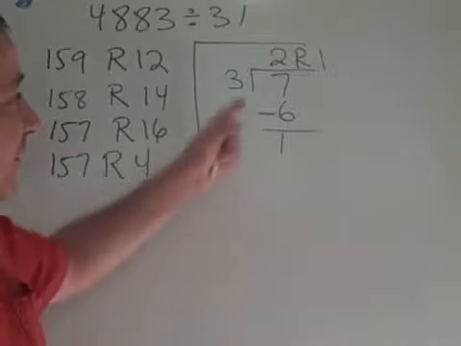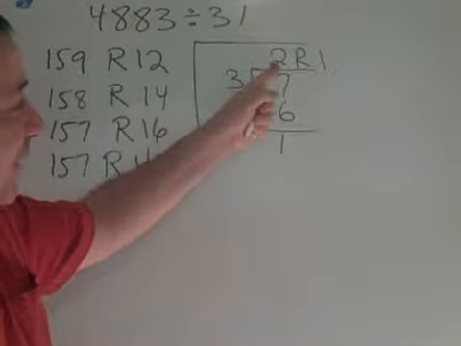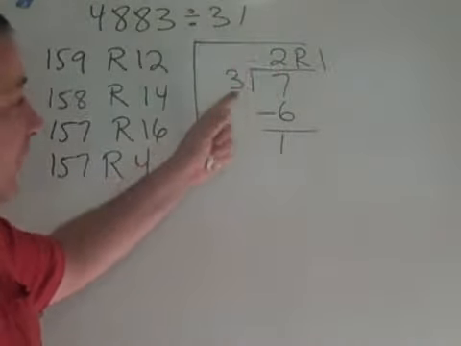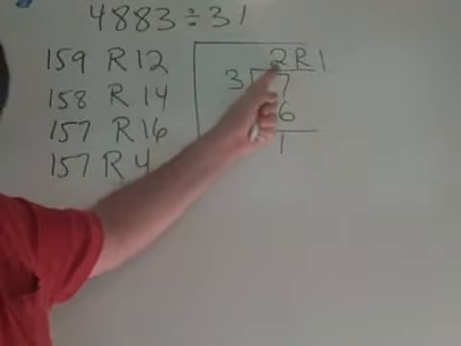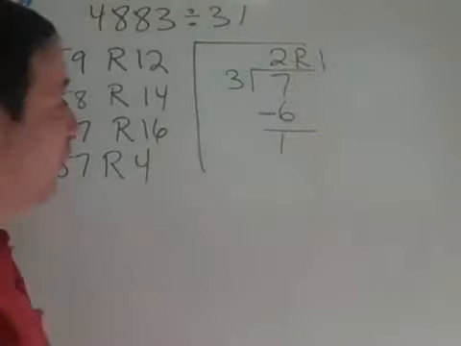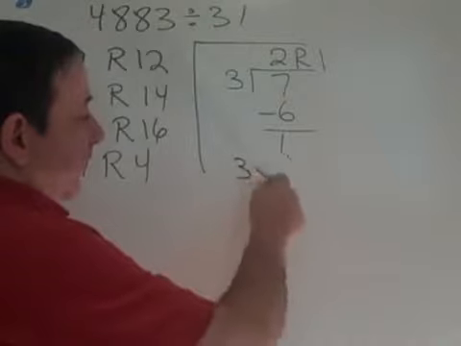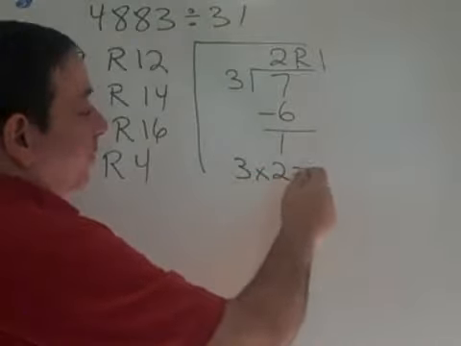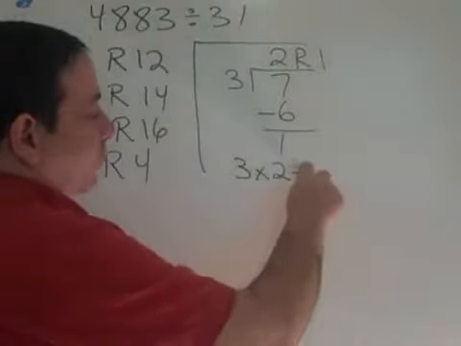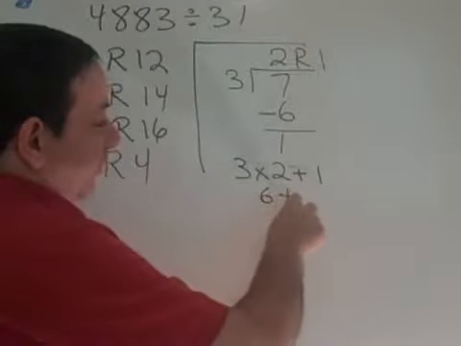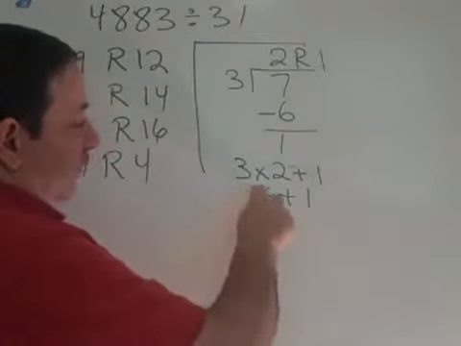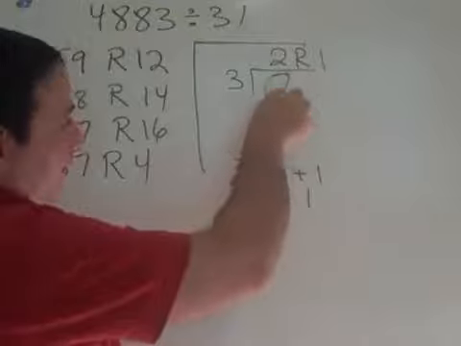The answer is, you'd multiply this 3 by the 2, and then you add 1. 6 plus 1 is 7. Yep, 7.